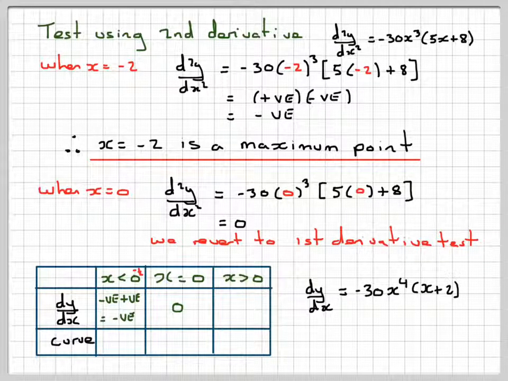At the particular point, dy/dx is 0. And then just after, we take a half. Same thing: this will be negative and this will be positive, so negative times a positive again gives a negative. So this goes negative, 0, negative. So we can see that this is a point of inflection.